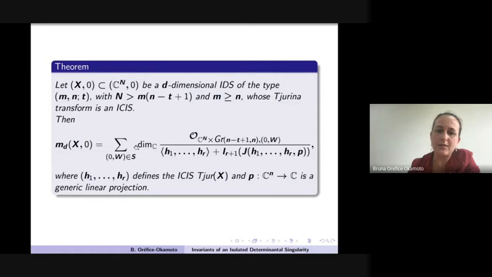The dimension as a C vector space of this local ring over this ideal. What's this ideal?